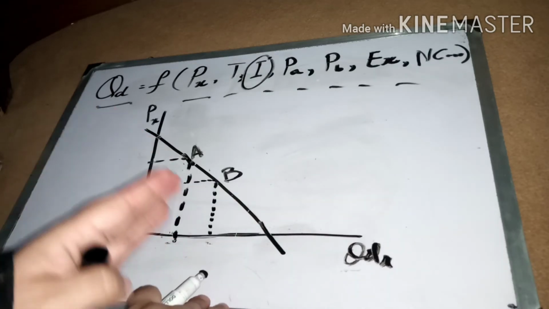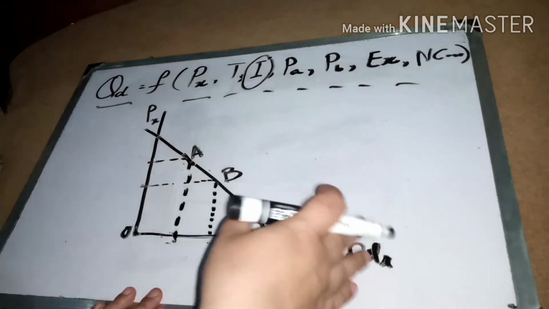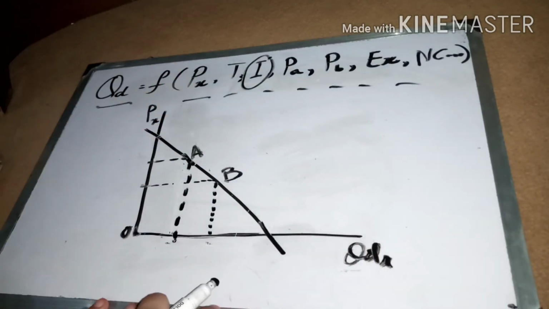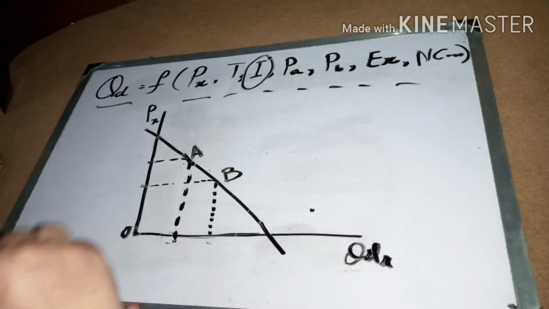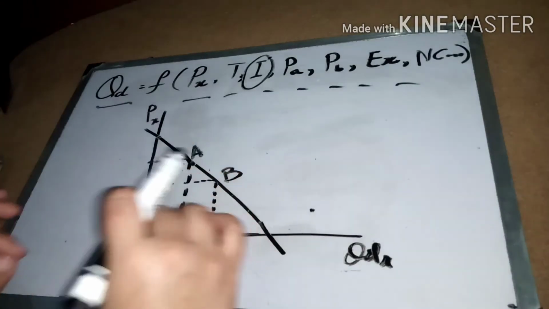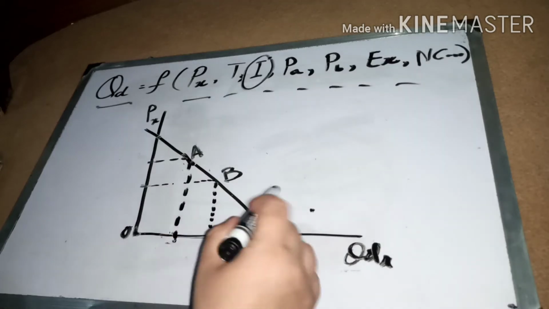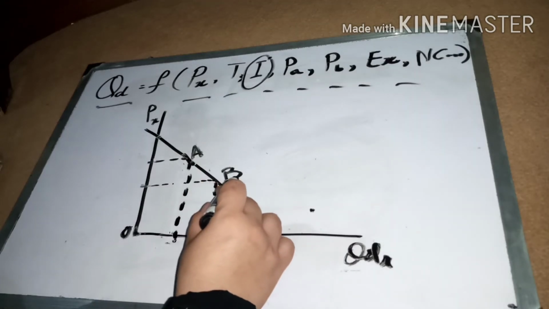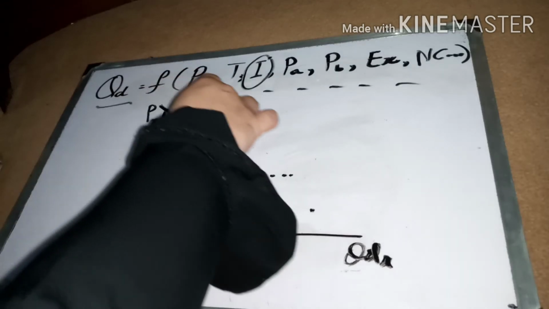So there is a positive relationship between the quantity demanded and the income, which means that we would observe an outward shift. One point that needs to be learned here is that the consumer is demanding more of the product at the same price.